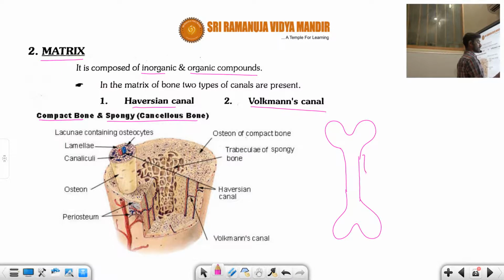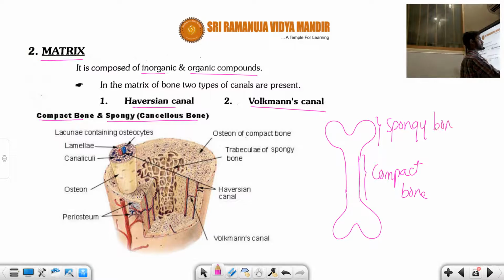This part represents the compact bone, and this part represents the spongy bone. The compact bone and the spongy bone are also called the cancellous bone.